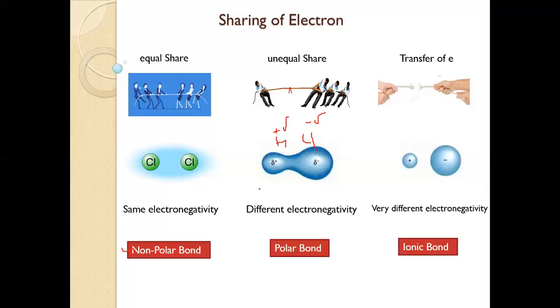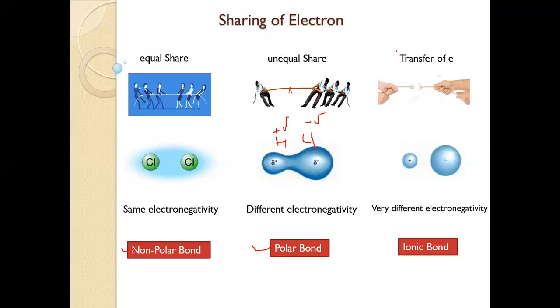That unequal sharing is due to the difference in electronegativity of the atoms, as we discussed in the example of HCl, where chlorine has more electronegativity as compared to hydrogen. That's why the electrons are pulled towards Cl. Due to this different electronegativity, unequal sharing of electrons takes place, and generally which bond is formed? Polar bond is formed. When there is unequal sharing of electrons, a polar bond is formed.